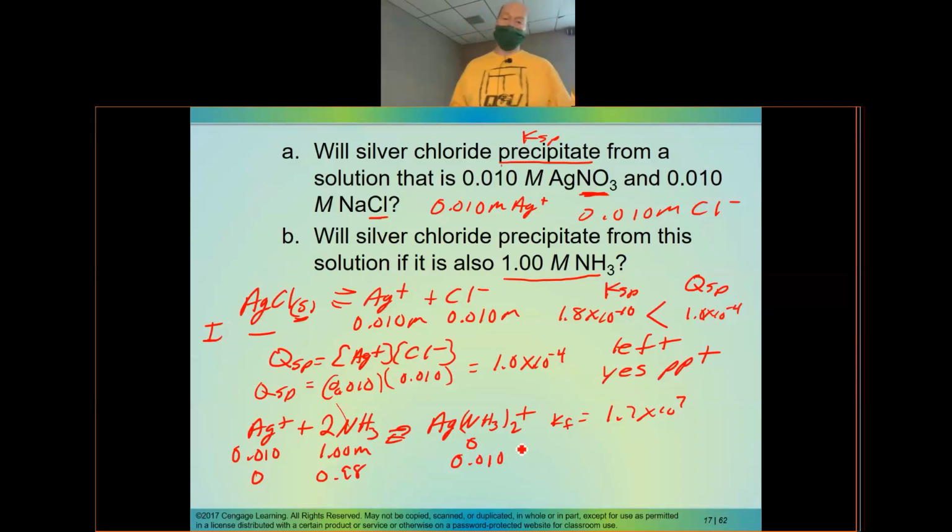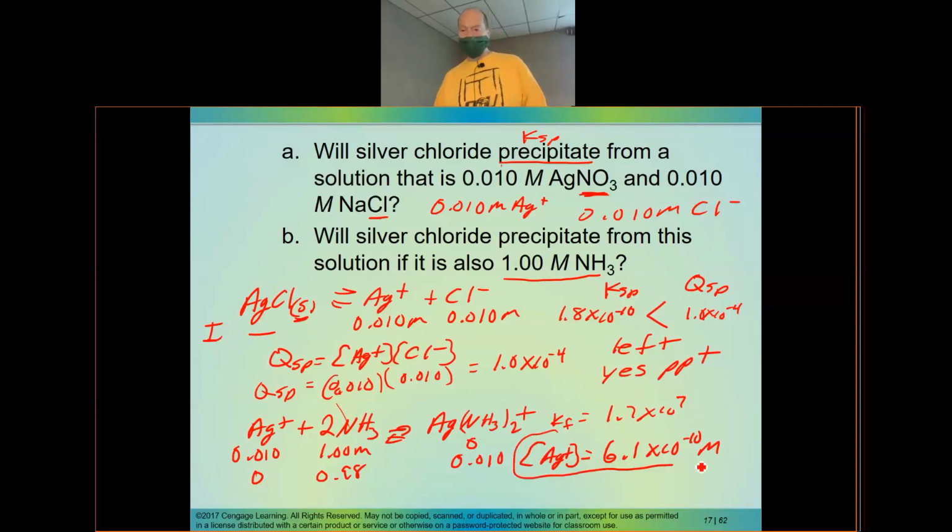And then we solved for x, and if you go back and look, our concentration of Ag plus was 6.1 times 10 to the minus 10. So we already calculated the Ag plus for these exact concentrations.